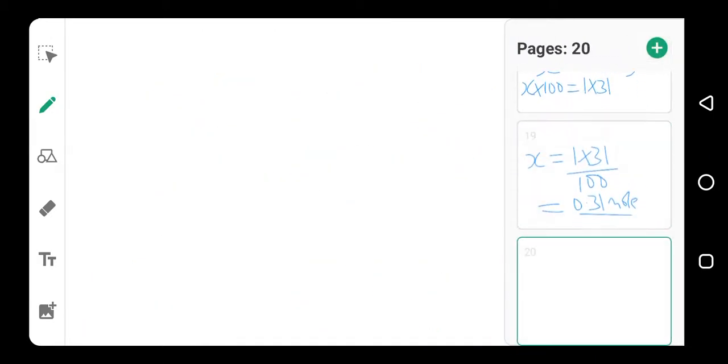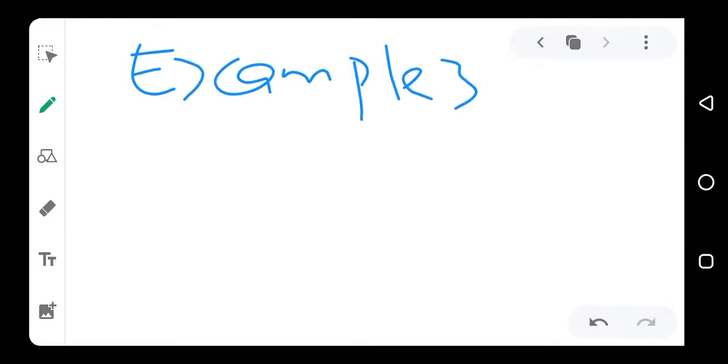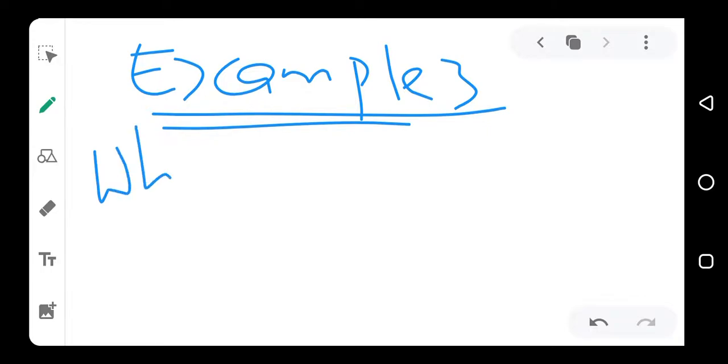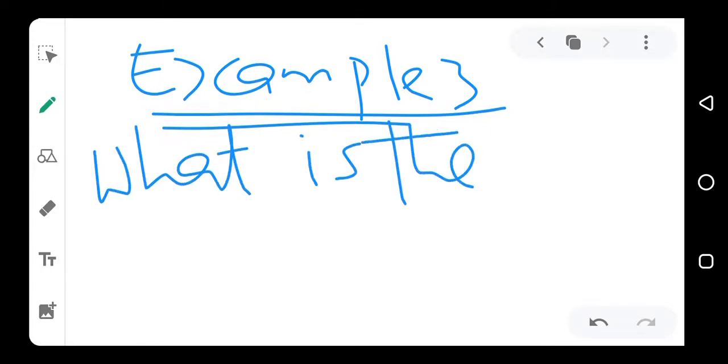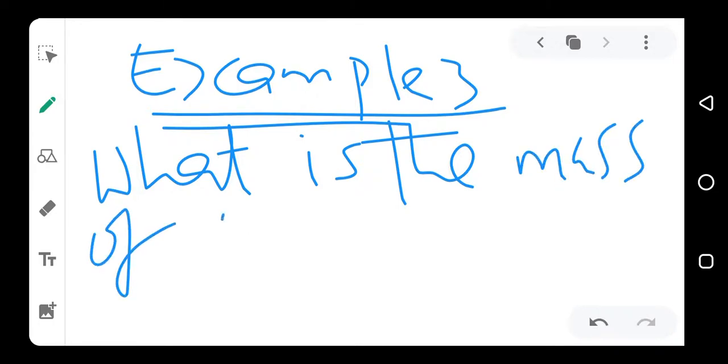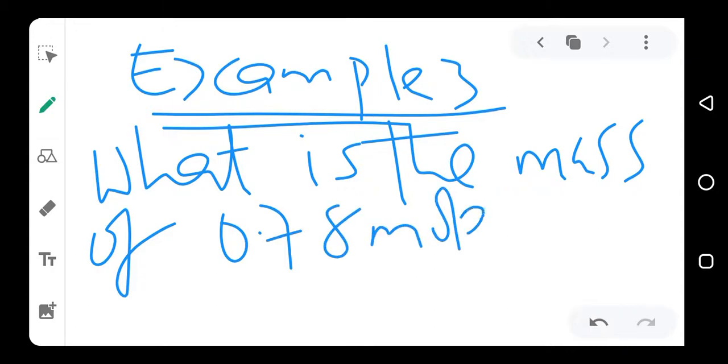Example 3. What if we are asked to calculate this? What is the mass of 0.78 moles of CO2?